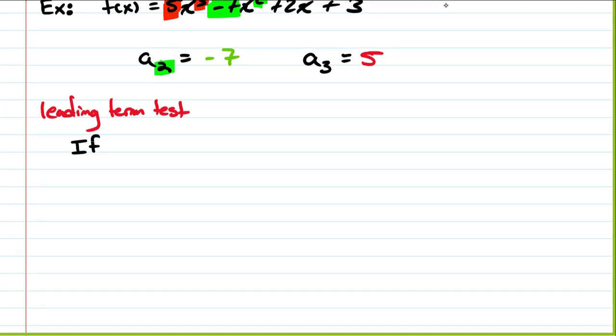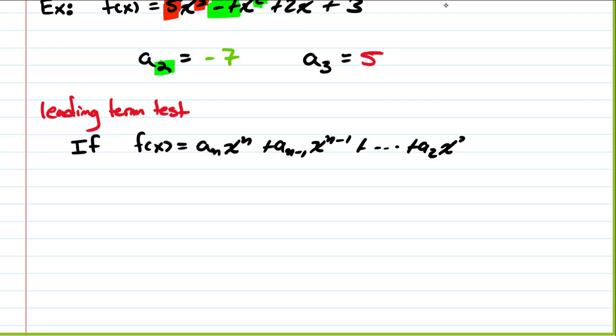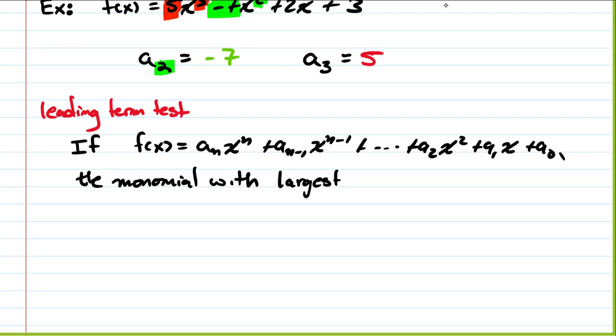So if f of x is equal to a sub n x to the n plus a sub n minus 1 x to the n minus 1 plus all the way down, the monomial with the largest degree is called the leading term.